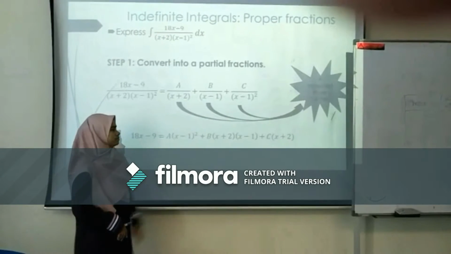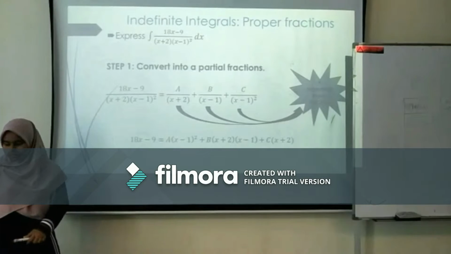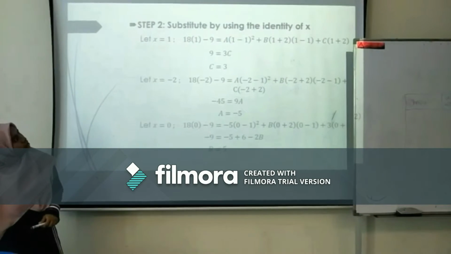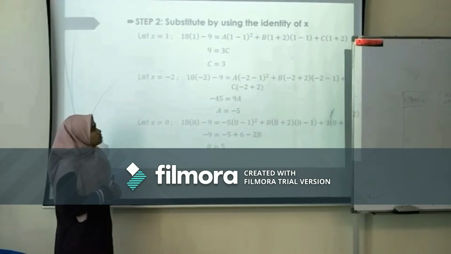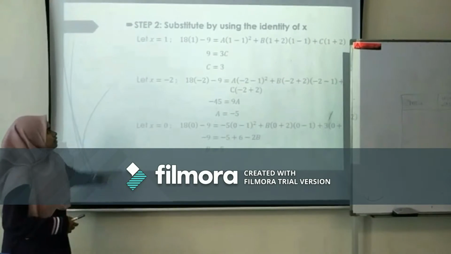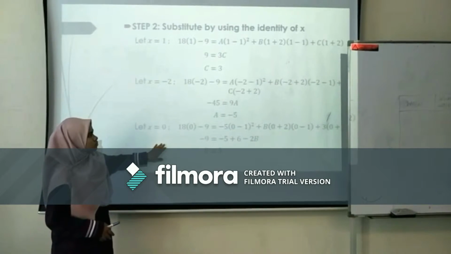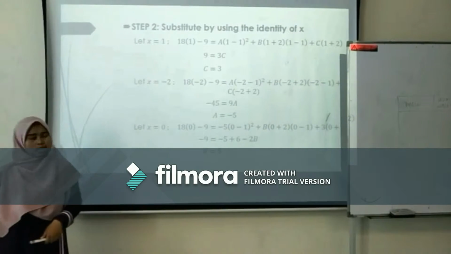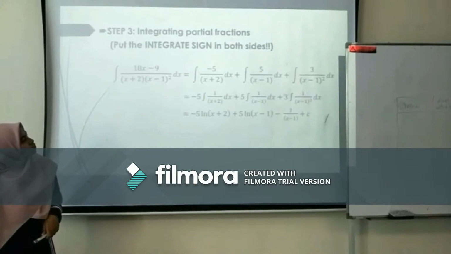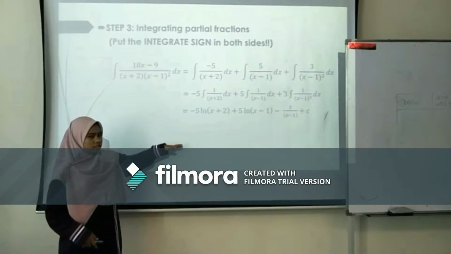Then you will get this equation. After that, you still use the root, let x equal to 1, x equal to -2, and x equal to 0 until you get all these values a, b, and c. Then you need to substitute into the partial fractions, then integrate.